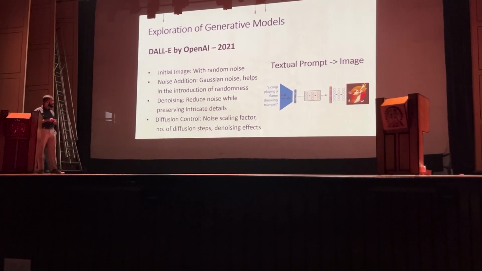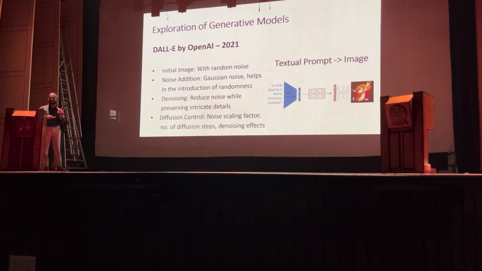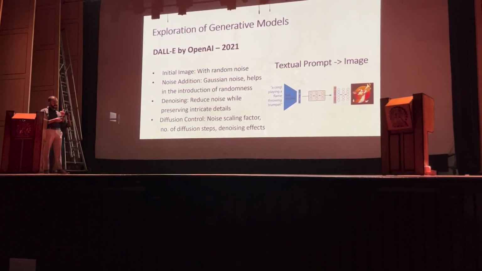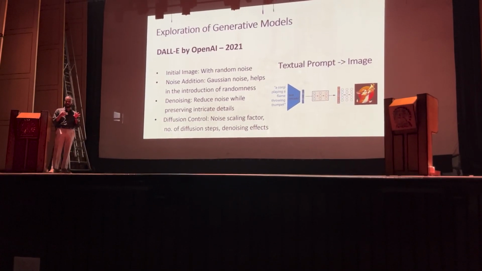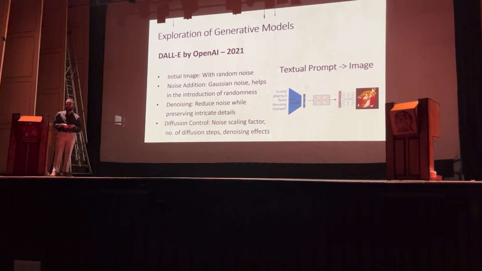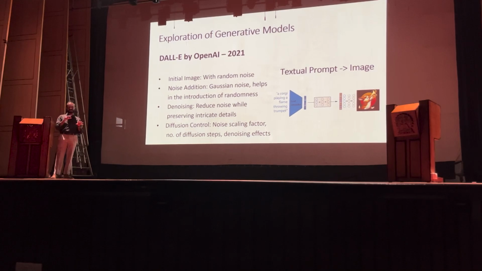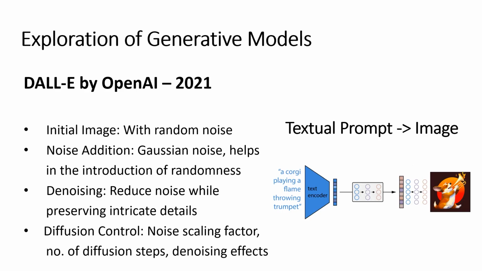What this one does is that it again starts with random noise, and it also adds Gaussian noise on top of that. And then you do a denoising step, where you remove noise from the noise that you added to arrive at the final image. For each image, you remove the noise in a specific pattern so that you arrive at the final image that corresponds to the text input that you gave it.